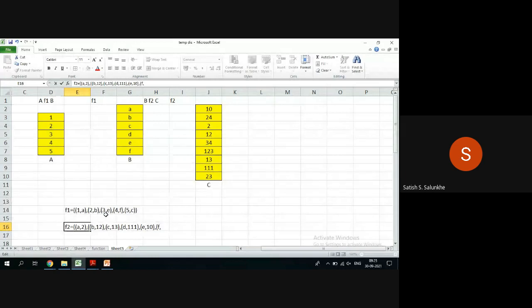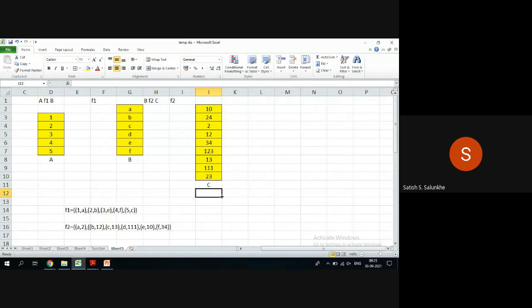This is one of the sample functions. Okay, assume these are the two functions given to you. So there is a function f1 which is mapping from set A to set B. There is a function f2 which is mapping from set B to set C.